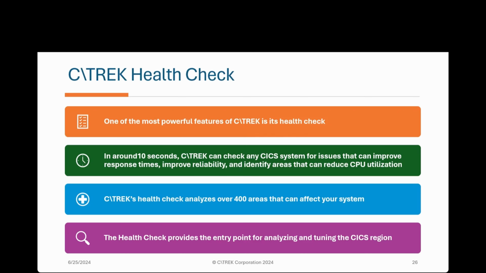It'll try to look at those 400 plus things and see if your system has any one of those, and it'll tell you that you have that particular one. It'll identify those areas, and from those areas you'll be able to see which ones are using CPU and which ones, if you can fix them, will give you better CPU utilization.